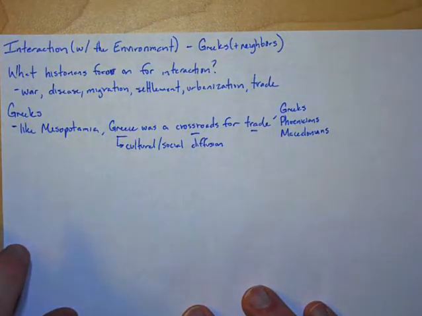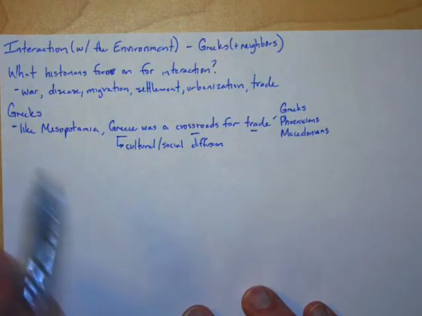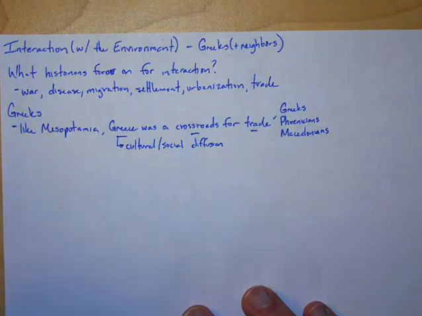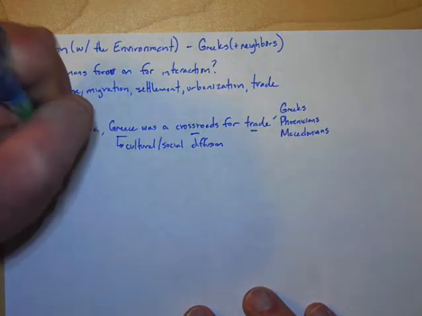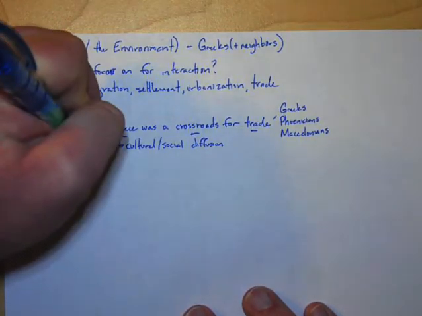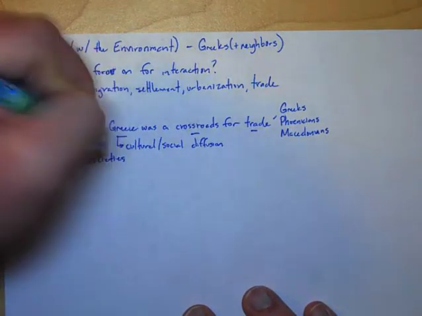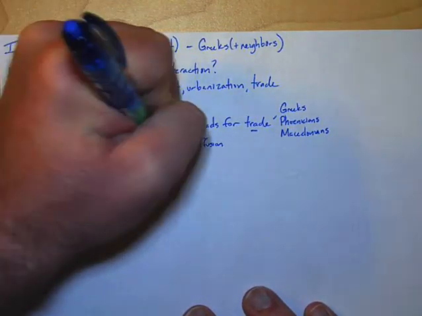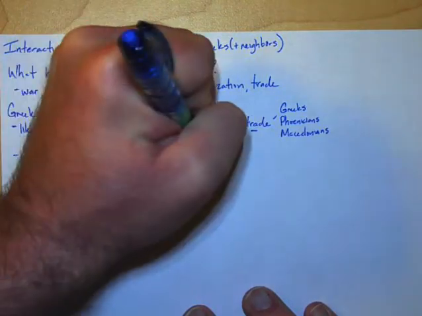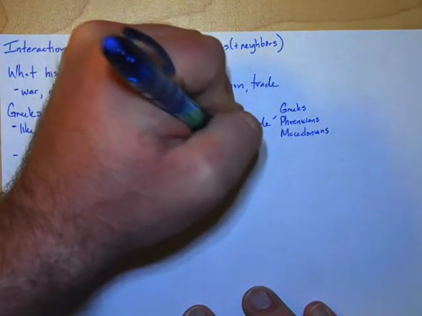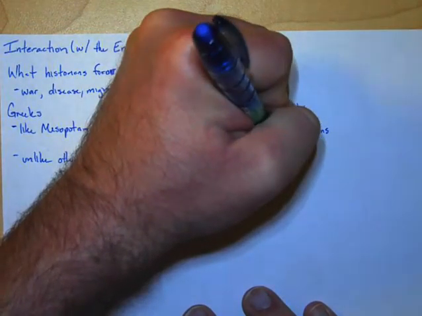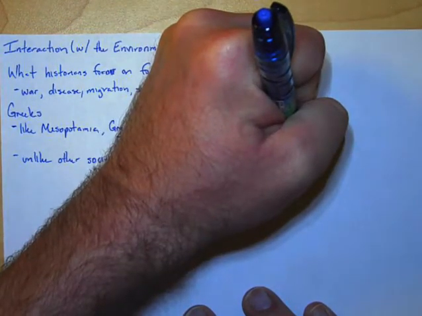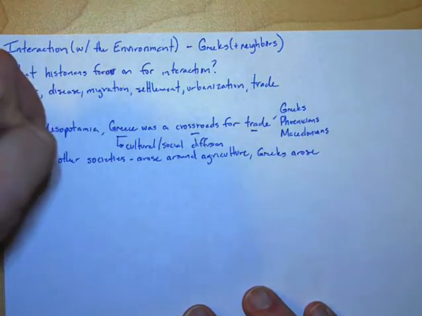Another reason that we want to look at the Greeks for this particular theme is that unlike other societies, which arose around agriculture, the Greeks arose around trade.